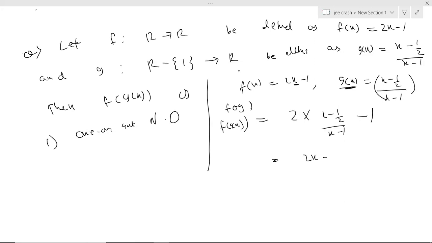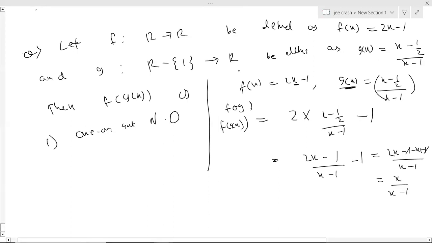So this is 2x minus 1 upon x minus 1 minus 1, taking LCM, 2x minus 1 minus x plus 1 upon x minus 1. So this is x upon x minus 1. Is it clear? It is 1 1.